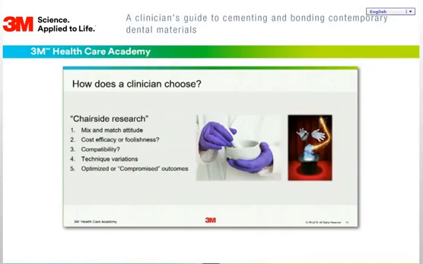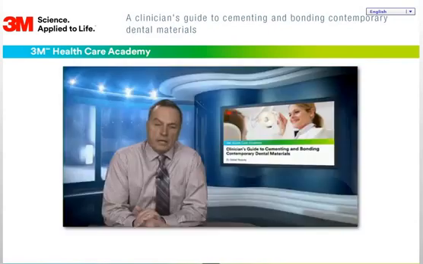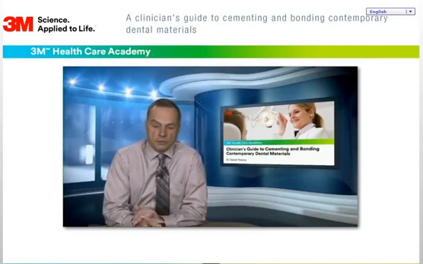You wind up compromising your outcomes. And in the process, you can be doing the same things many times for years until the bad outcome comes, and then you're looking at a long track record that's going to produce failure in the long run. So I would encourage you to get away from this type of chair-side research and instead focus more on what we know about clinical dentistry.